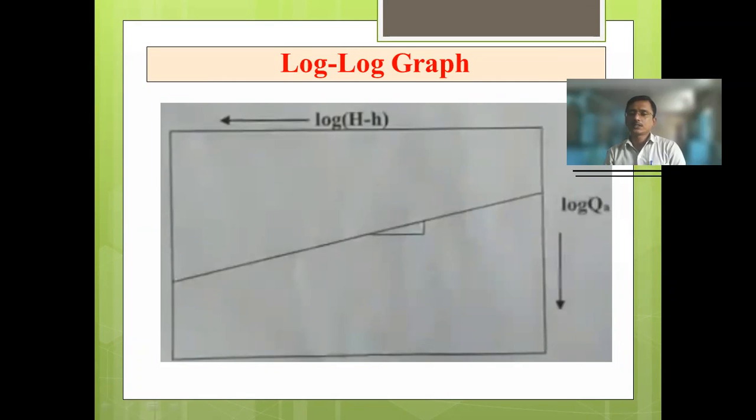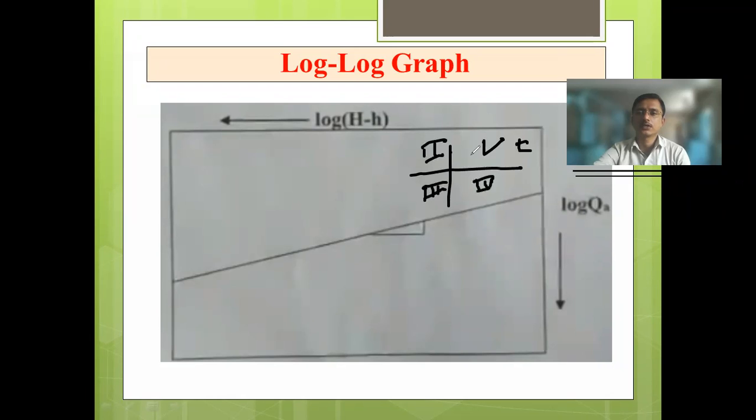That's why this graph we have to draw in the third quadrant. Okay. What are the four quadrants? Which is this quadrant? This is second. This is third. This is fourth. Okay. In our Indian system, we measure the quadrant in anti-clockwise direction, right?